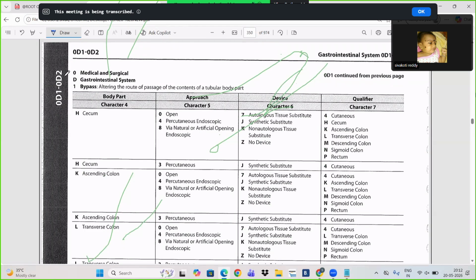At the top you will get the first 3 digits, and they divide the table into body part, approach, device, qualifier. On the side also you will get which page you are on. At the top also you will get it. On the particular page, you will see what ranges you have. First you will get the numbering, then letters: 0D1, 0D2, 3, 4, 5, 6, 7, 8, 9, B, C, D, F, T. I need T, so I need to go forward pages.